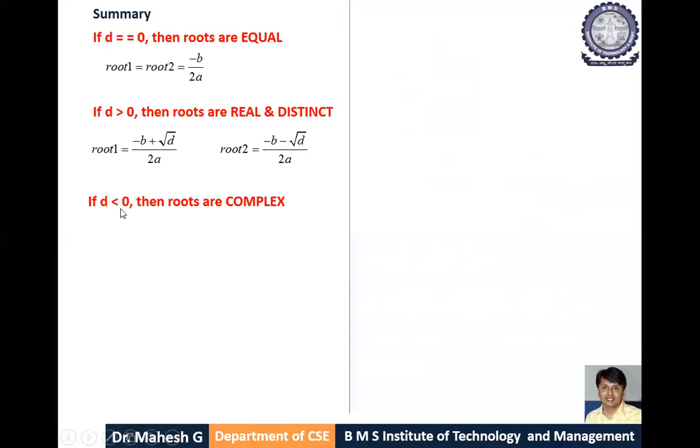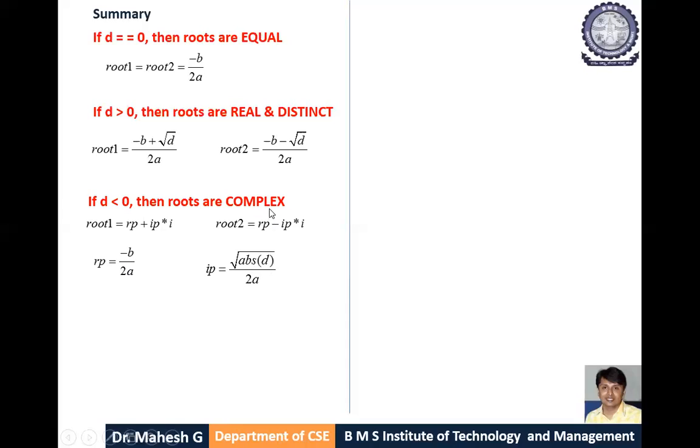Also, if discriminant is less than 0, then the roots are complex. In that case, root 1 is real part plus imaginary part into i, root 2 is real part minus imaginary part into i. Here, real part is given by minus b by 2a, and imaginary part is given by square root of absolute value of d divided by 2a.